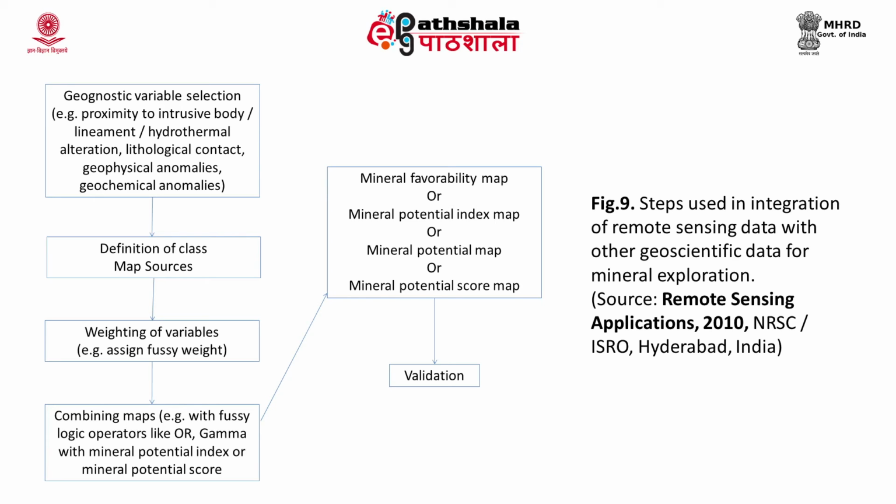Then whatever variable parameters we have, depending upon the class, we can give weightage to these different variables. There are different methods, you can assign fuzzy weight to these different variables.